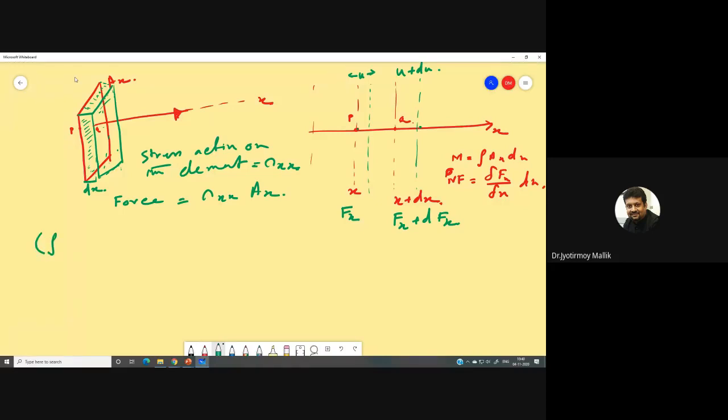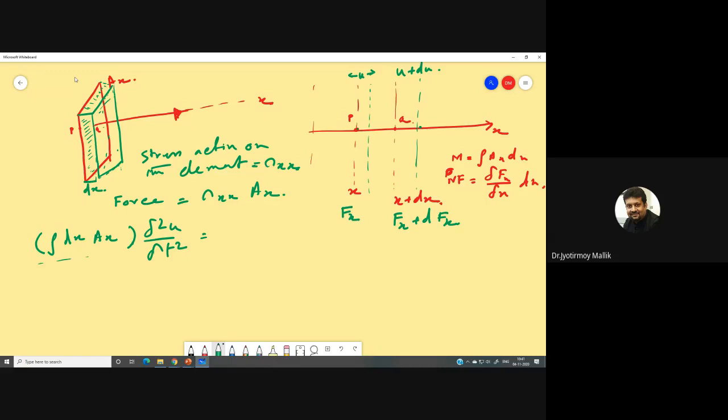Rho dx Ax, sorry, rho dx Ax, not delta, that is m, and a is, u being my displacement vector, delta square u by delta t square, where t is time, would be my acceleration, right?